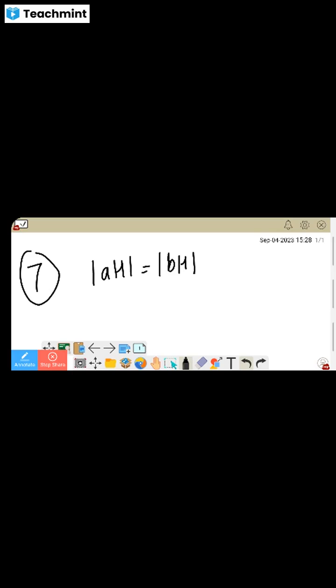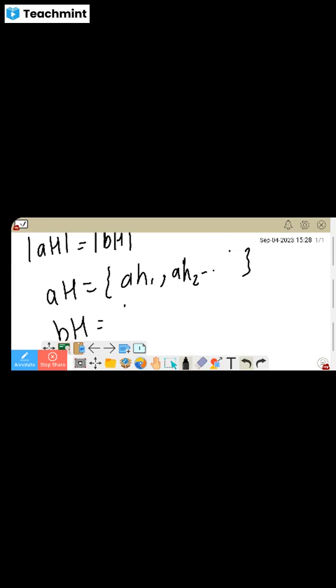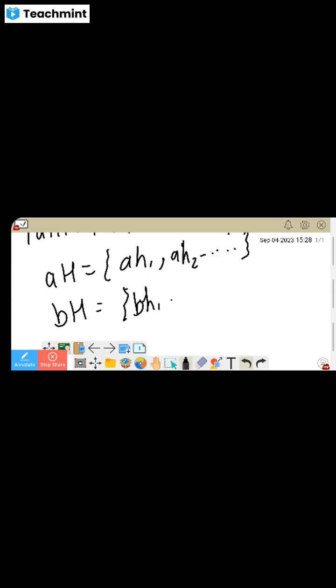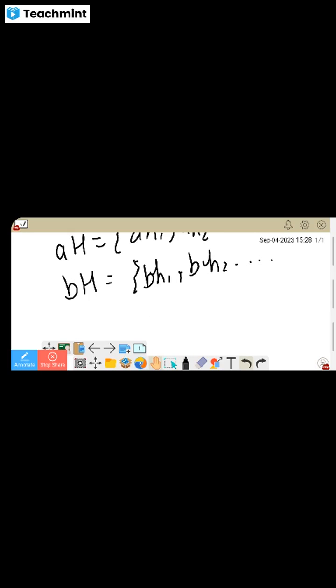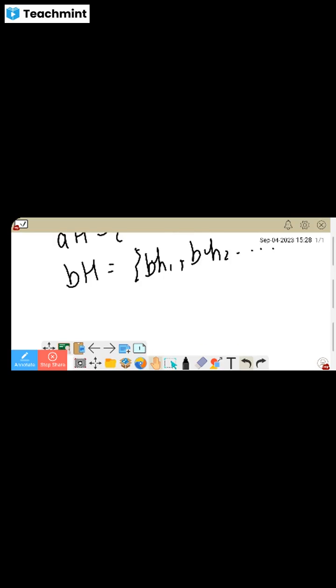Let A into H be written as AH1, AH2, up to AHn. Similarly BH1, BH2 and up to BHn. So the function of AH is equal to BH.